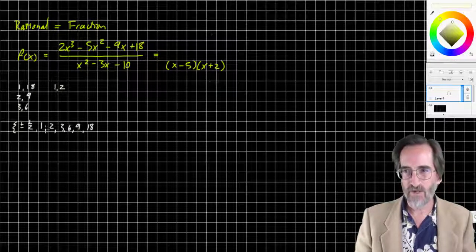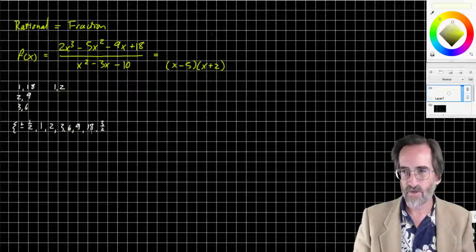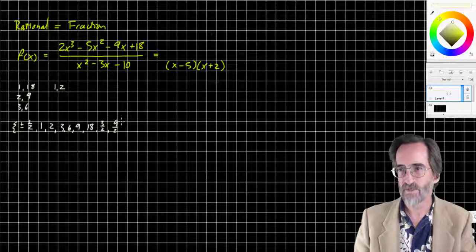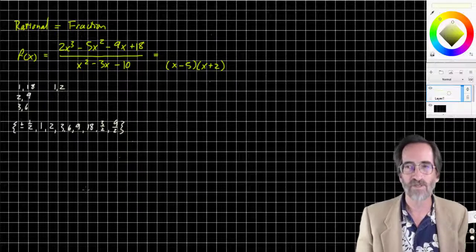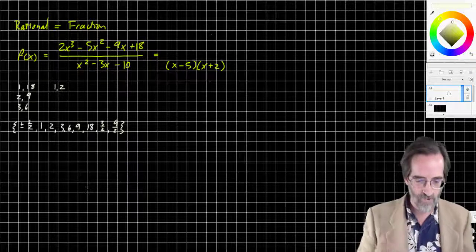Any divisions by 2: 3 halves, 9 halves; 6 divided by 2 is 3 and 18 divided by 2 is 9, already listed. So this is the comprehensive list of all the rational roots that could possibly work.